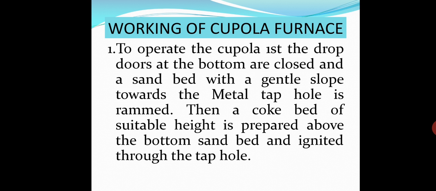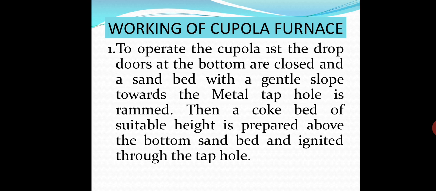To operate the cupola, first the drop doors at the bottom are closed and a sand bed with a gentle slope towards the metal tap hole is rammed, keeping a slope towards the metal tap hole so that the molten metal will flow through this hole.